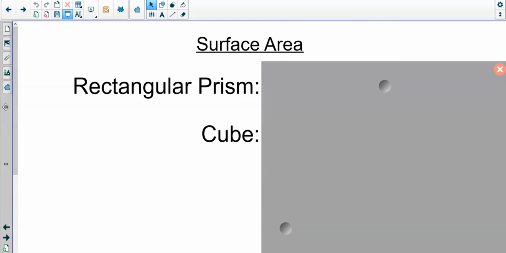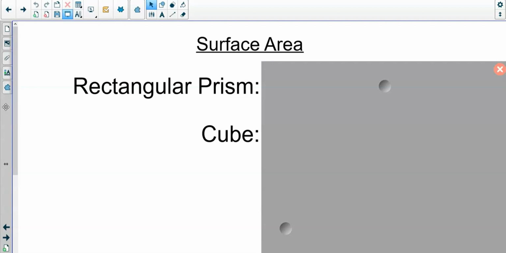So what a prism is, guys, is basically a three-dimensional shape that is made up entirely of polygons. Polygons are any shape that is closed and has no curves, okay? And it must have three sides or more.